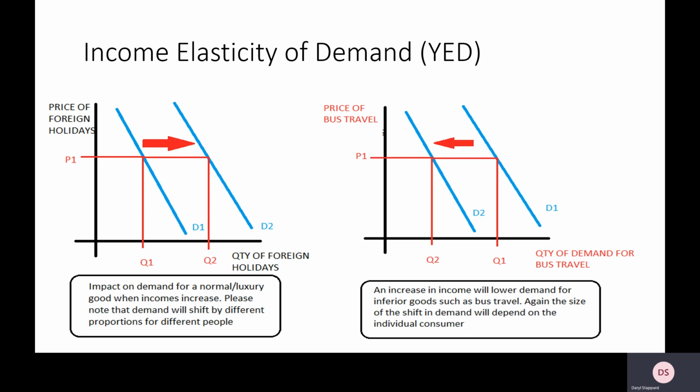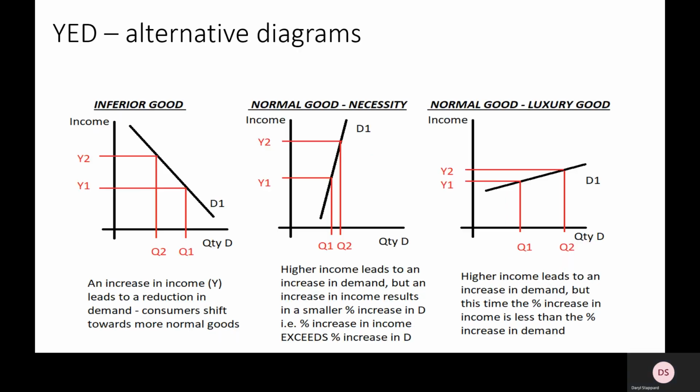So bus travel, for example, if you earn more money, you might decide to demand less bus travel and go and buy a car instead. Now, clearly, if I was to see a drop in income, then I would flip these diagrams round. If I earn less money, my demand curve would shift inwards for luxury and normal products, but it would shift outwards for inferior goods. So we can use basic demand curves to show how income would affect demand.